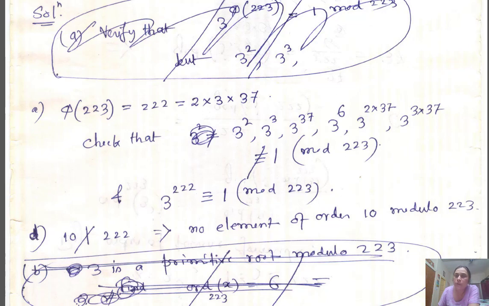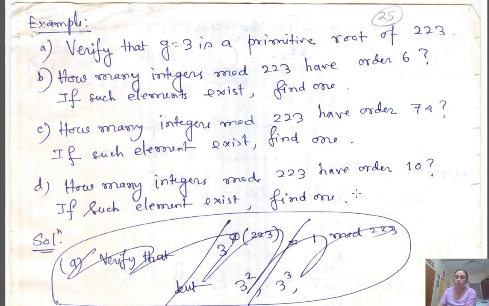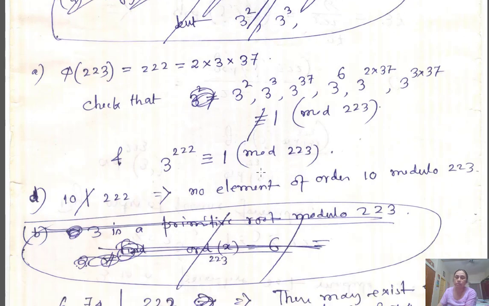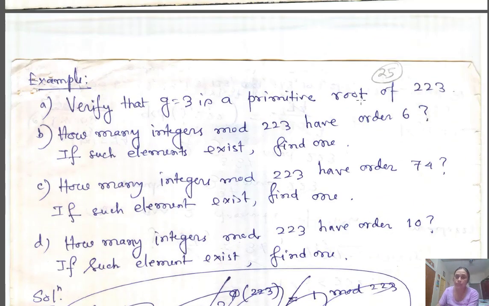The whole power you don't have to consider because it will always give you 1. So you have to check that none of these is 1. Then only it will be a primitive root. So that checking you can do. You know how to do it.